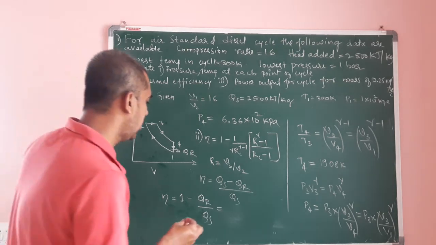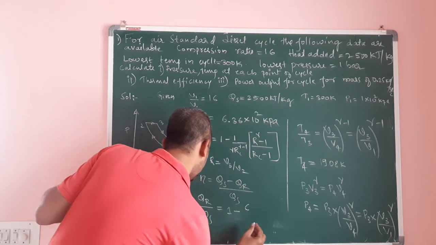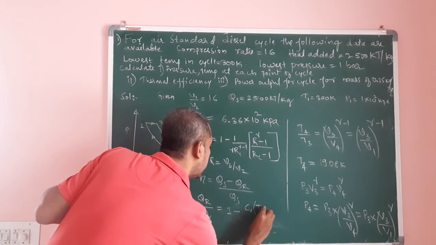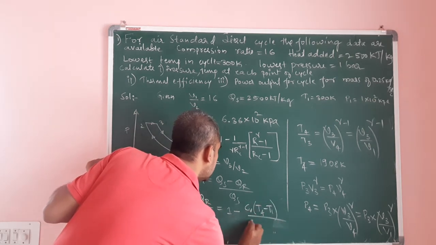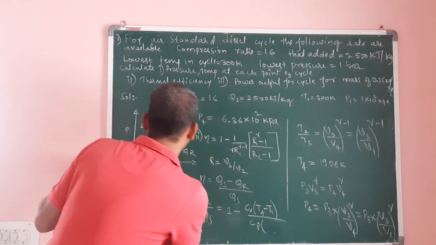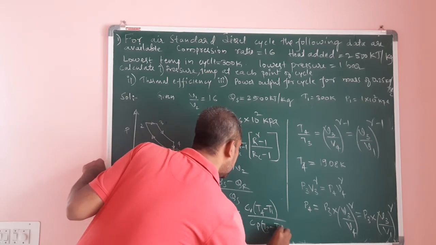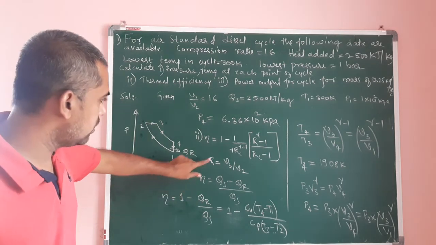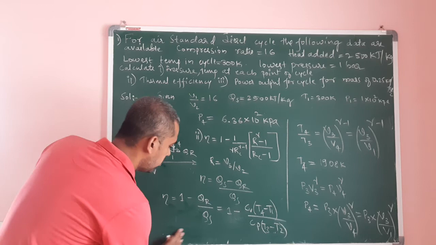Therefore QR is equal to CV into T4 minus T1, divided by Cp into T3 minus T2, the heat added. Using either formula, you will get the same efficiency value. You have to substitute.